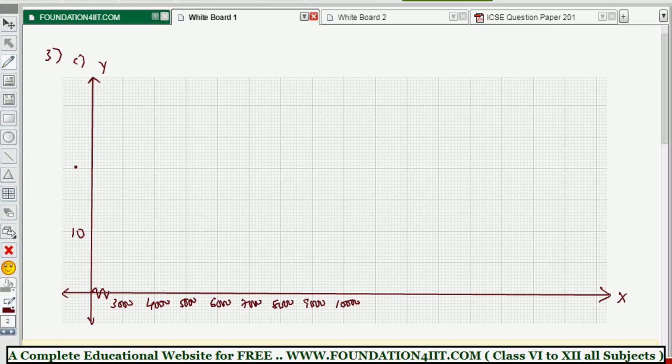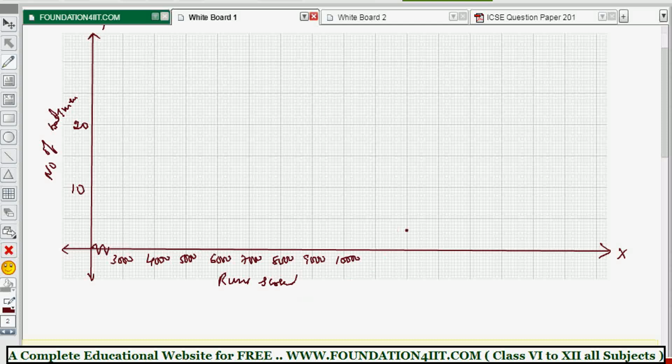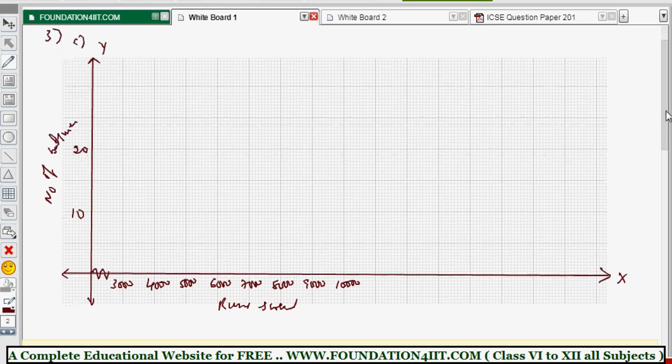Again 2 gaps, 20. So this is number of batsmen, and this is runs code. Okay, so let's see how to construct this now.